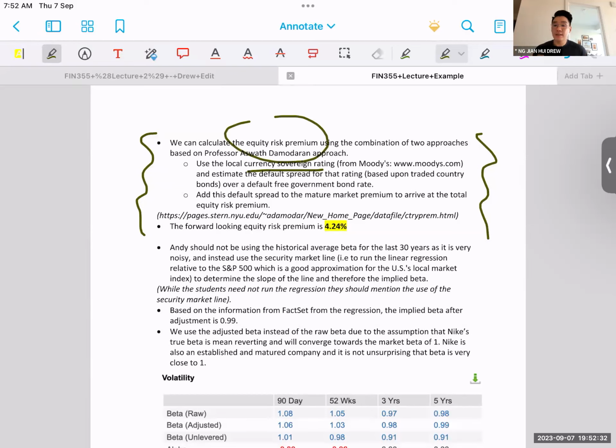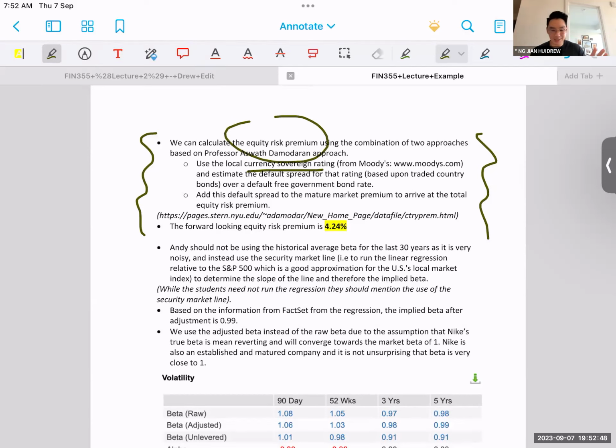In real life, if you eventually become an equity analyst, you have to consider all these things. And we really go to this person, Damodaran. He's really famous in finance. Maybe some of you already know about him.